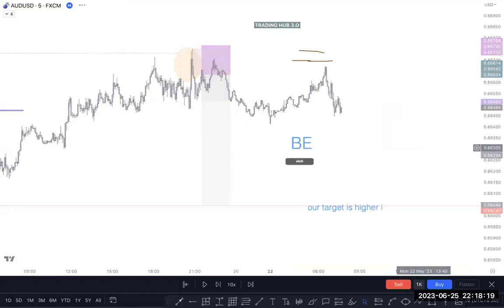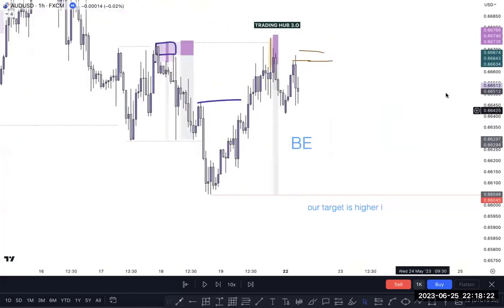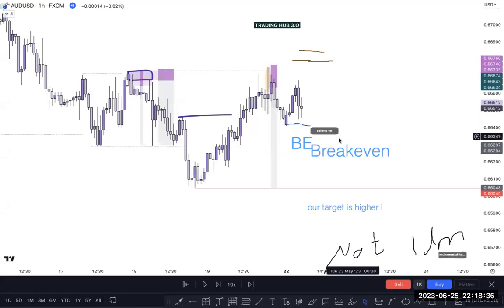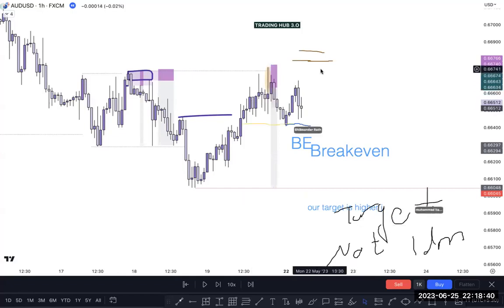Our main target is the main higher time frame, main higher low. Taken out the liquidity, push downside, break even when market took the first pullback, sorry, in a lower time frame and a higher time frame in both scenarios.